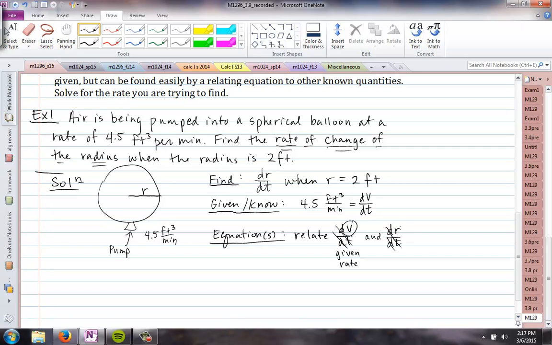So take off the derivative part, and what you'd be left with is R. And so this is what we're trying to find.